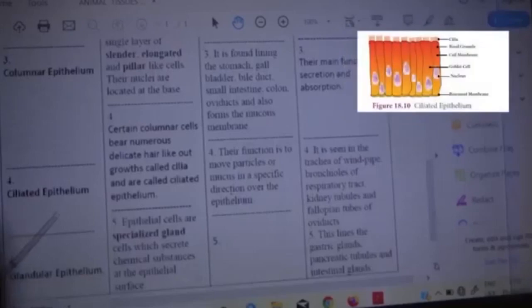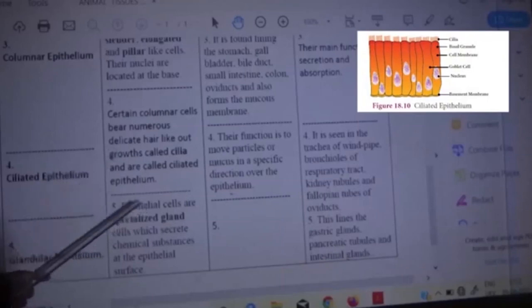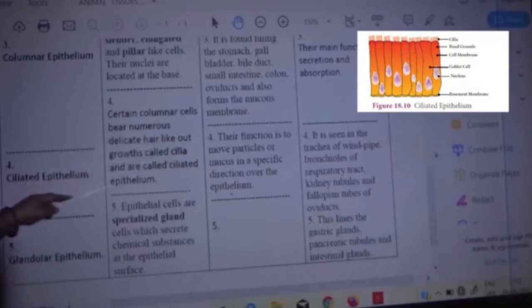Next is ciliated epithelium. It is columnar epithelium that bears cilia on top, so it is called ciliated epithelium. It bears numerous delicate hair-like outgrowths called cilia.